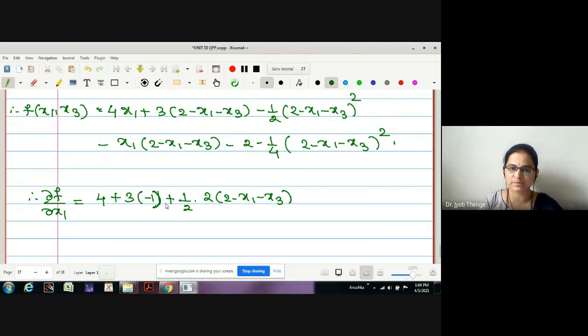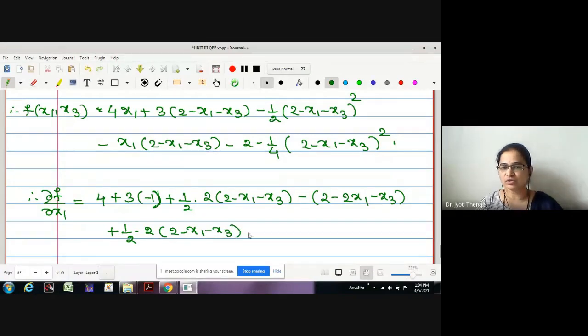Let me absorb the negative. Minus, let us multiply by x1 into the bracket and differentiate. The first derivative gives me 2 minus 2x1 minus x3. Here now I will write plus half, again this is 2 times 2 minus x1 minus x3 into the derivative, which is minus 1.